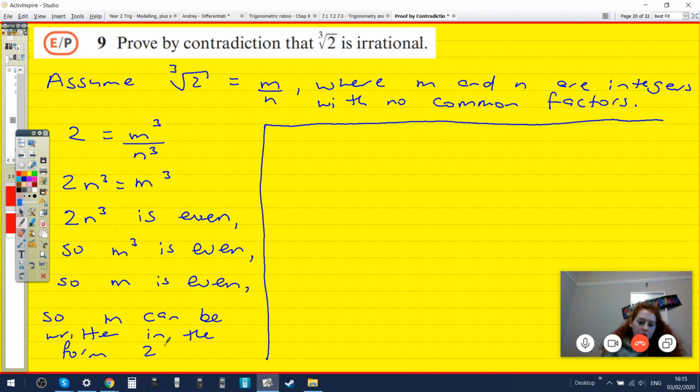So if it's 2k cubed, so then would we have 2n cubed is 8k cubed? Do I divide it by 2? Yeah.